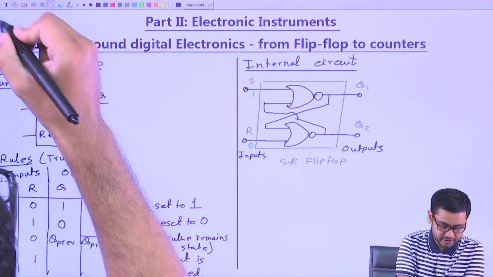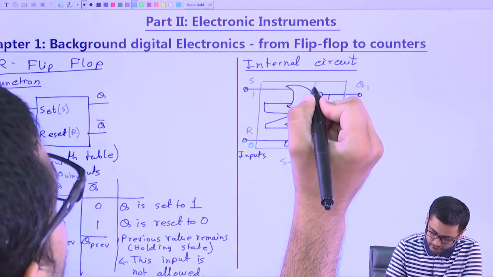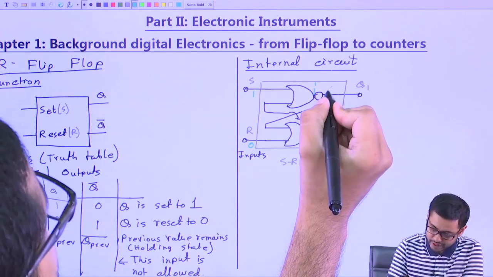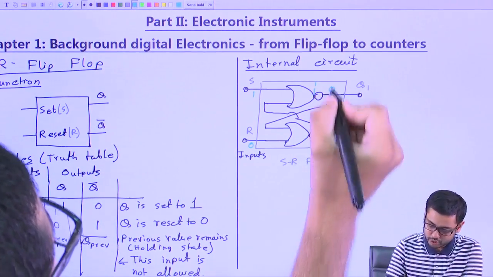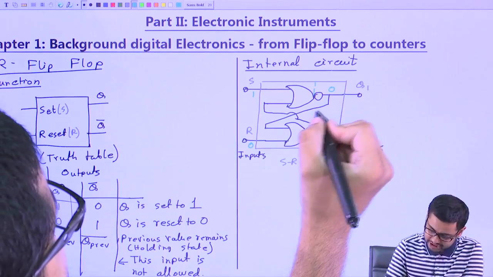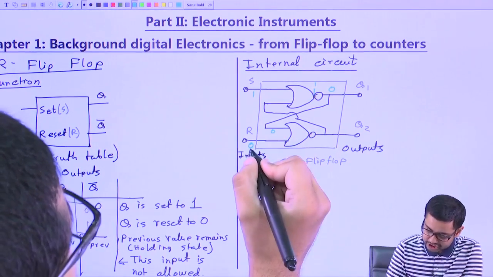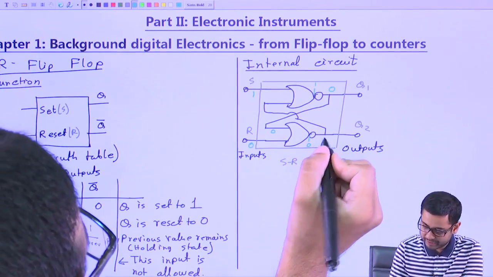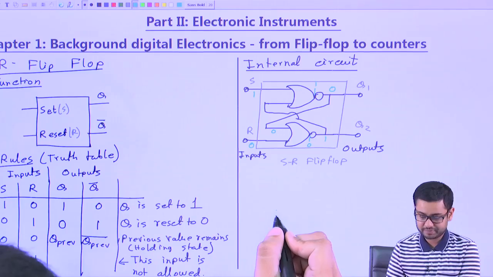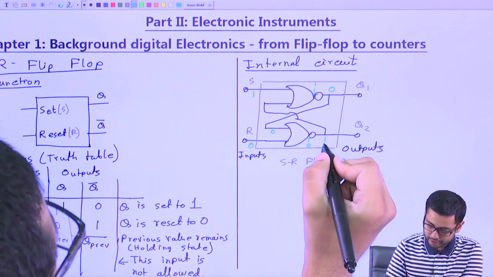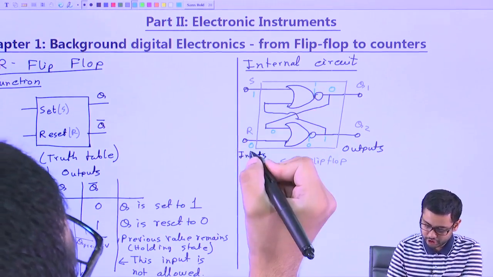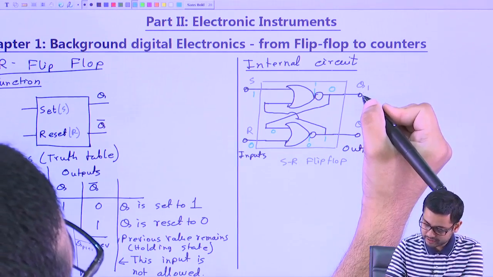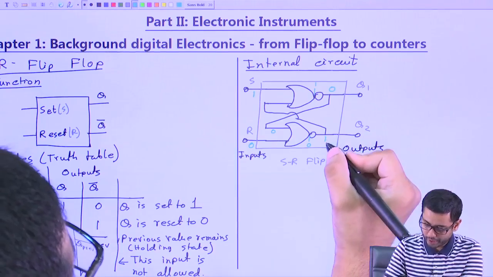So, at this point we will have 1, and this bubble is a negation, a complement. So, after this we will have 0. I have 0 here, and then this 0 comes here. So, 0 ORed with 0 is 0, and after this bubble it is the opposite, 1. So, I have 0 and 1 here. If I give 1 and 0, set 1 reset 0, output is Q1 0, Q2 1.